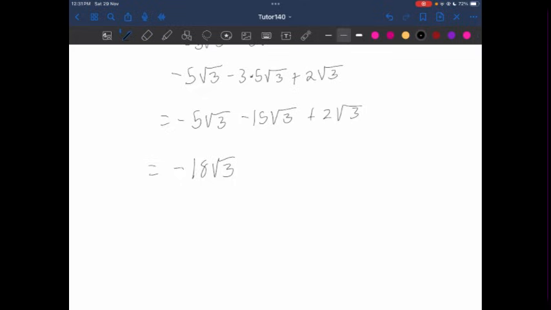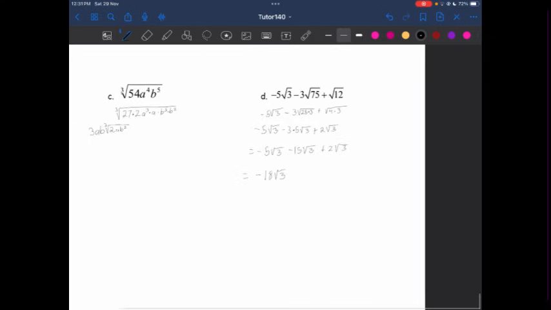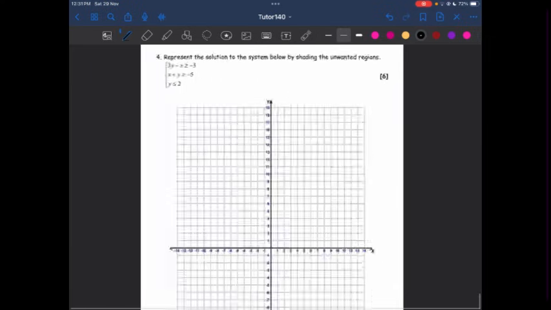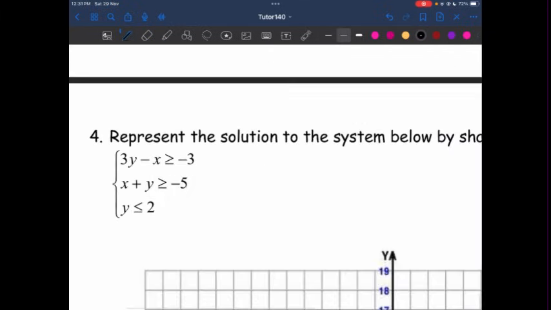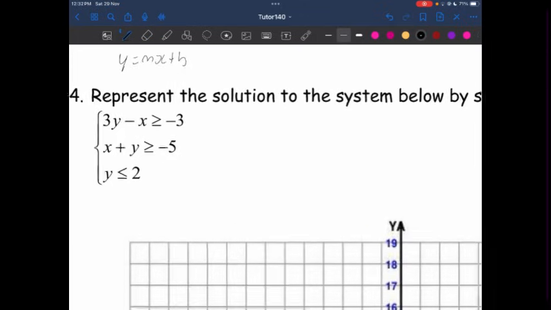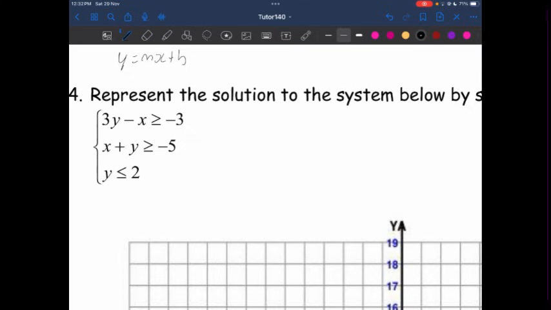Okay. So now, represent the solution to the system below by shading the unwanted regions. The first thing that I want to do is solve everything for y, because we want it in the form y equals mx plus b. So first we're going to send the x over for the first one.